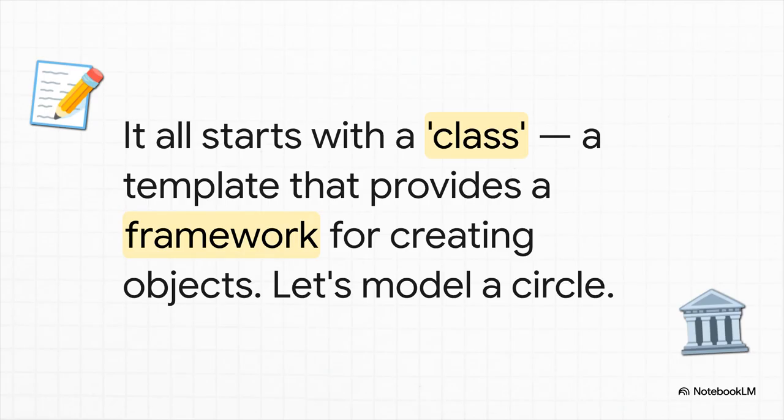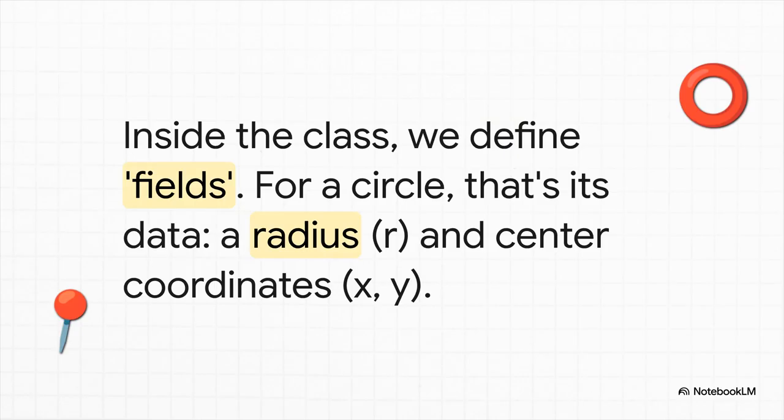To make this super clear, let's try to model something we all know, a simple circle. Okay, so what information do we need to describe a circle? Well, inside our class, we create what are called fields. For a circle, that's pretty simple. It needs a radius, and it needs some coordinates for its center, let's say an x and a y. These fields hold the unique data for each circle we create.